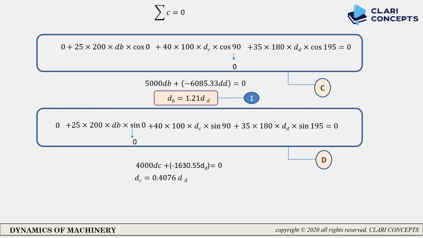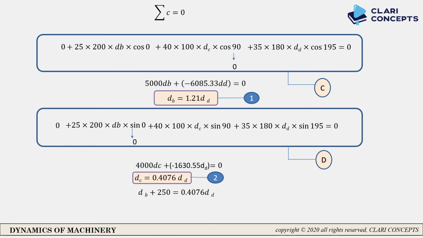From this we can find the relation dC equals 0.4076 dD, which we name as 2.